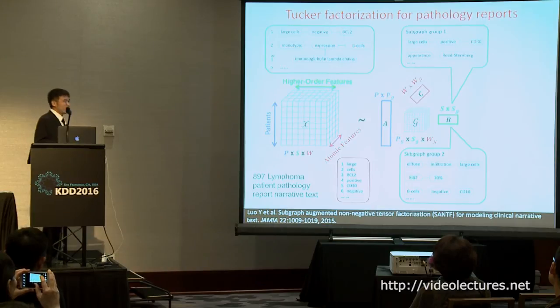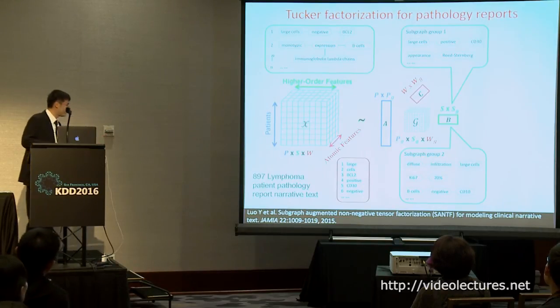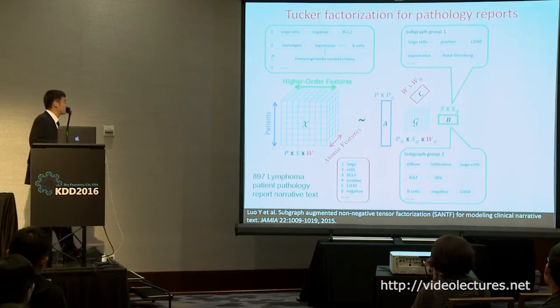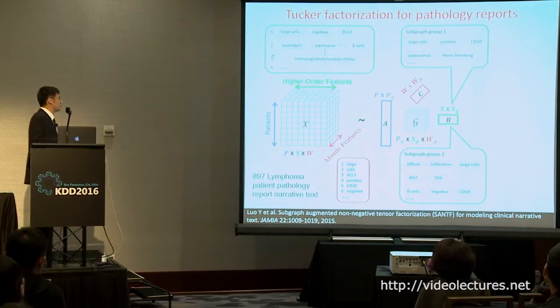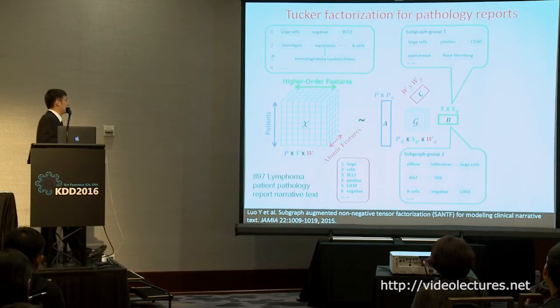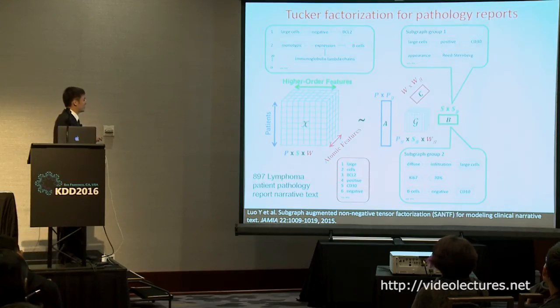And since I have introduced CP factorization, a very natural question is, can we use Tucker factorization as well? The answer is yes. Last year, there was a JAMIA paper that used Tucker factorization for pathology reports. They have a lot of lymphoma patients in free text, and they construct the tensor like this.